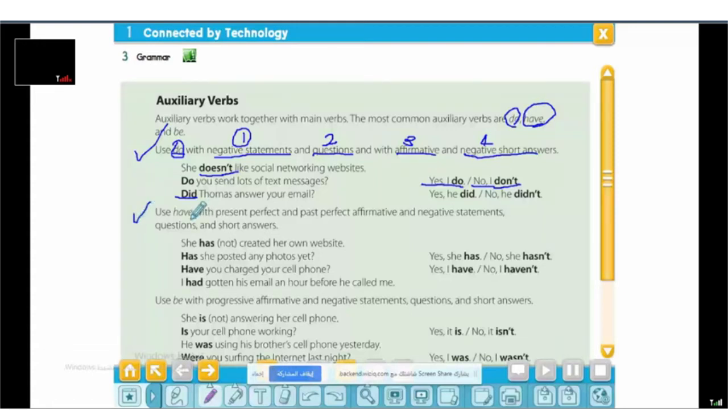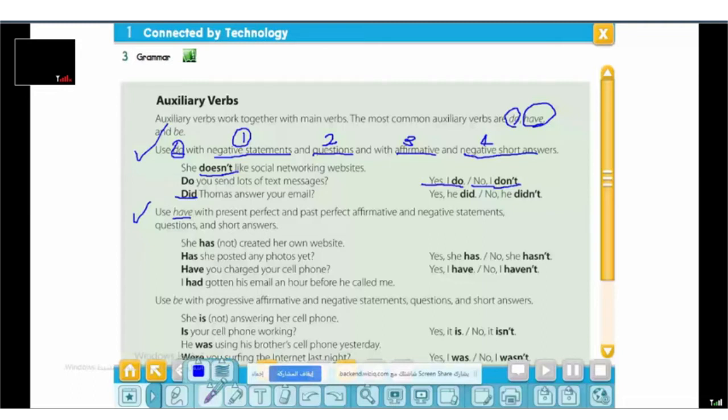We use have with present perfect. Here, use have with a present perfect.